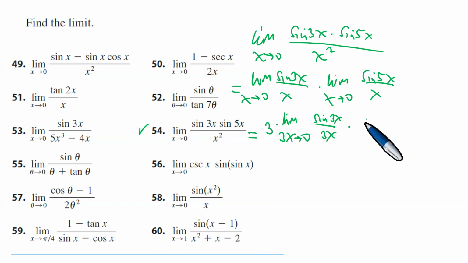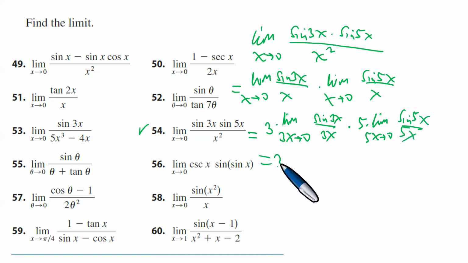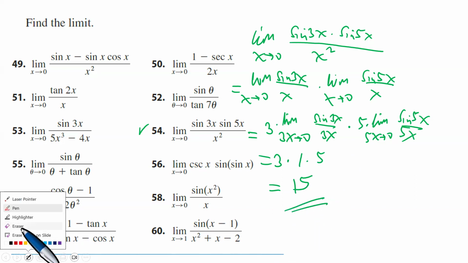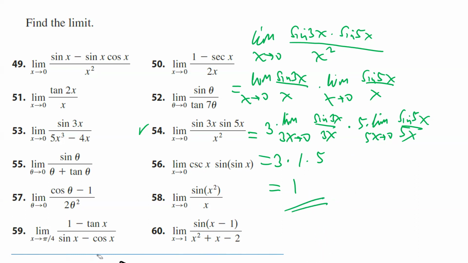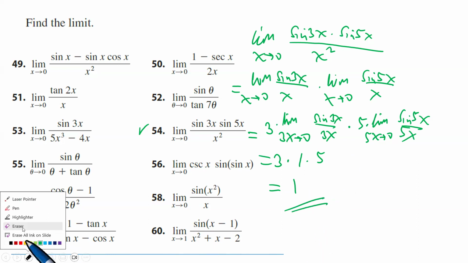Similarly, you put a 5 here, times the limit as 5x approaches 0 of sine of 5x over 5x. This one is 1, this one is 1, and 3 times 5 is 15, and that's what you got. So you really are fast approaching superstar.